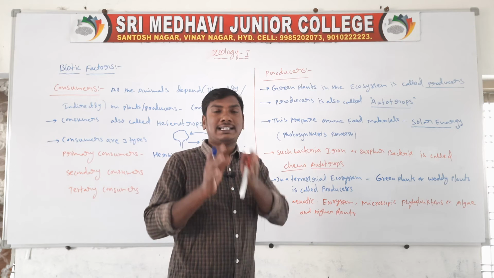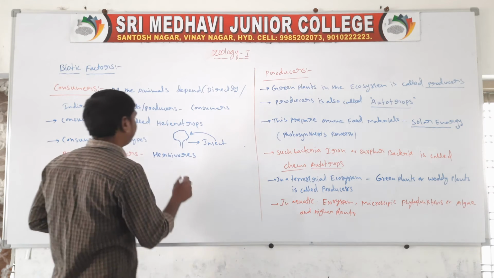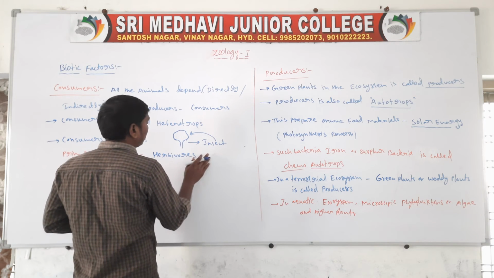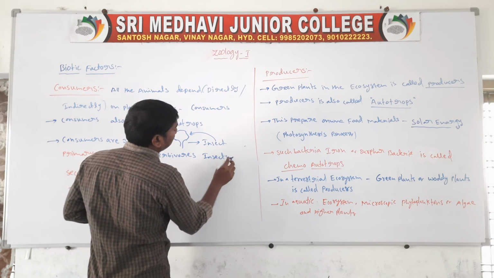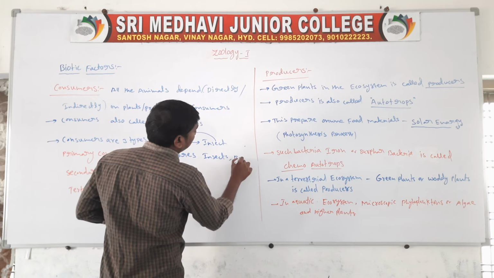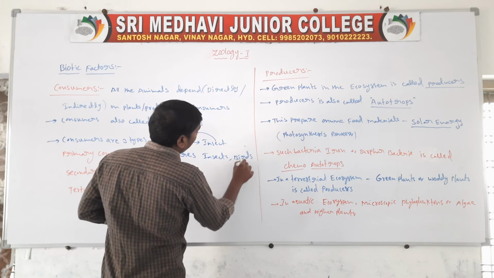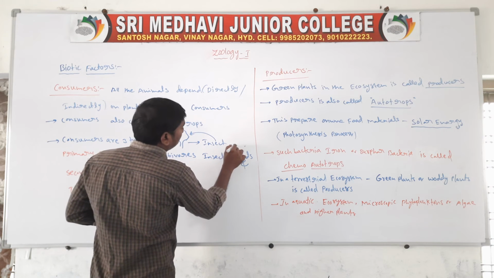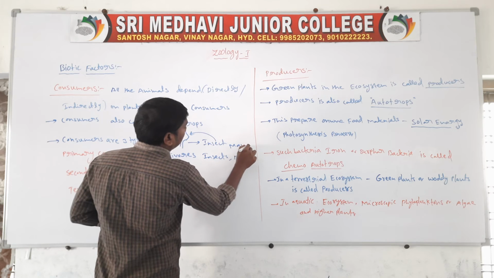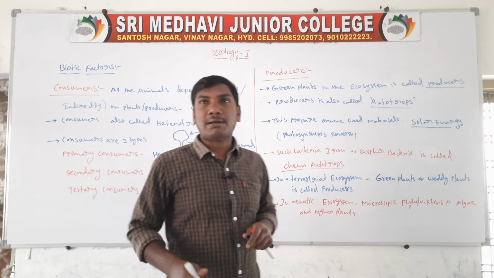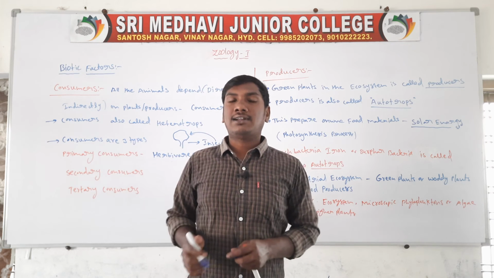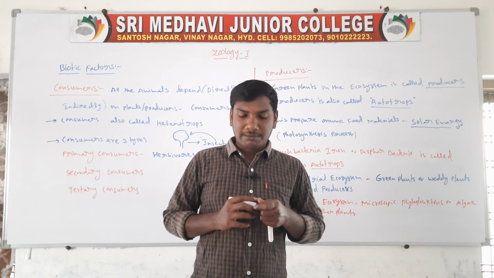The primary consumers are herbivores like insects, birds and certain mammals. Insects, birds and certain mammals are the primary consumers.